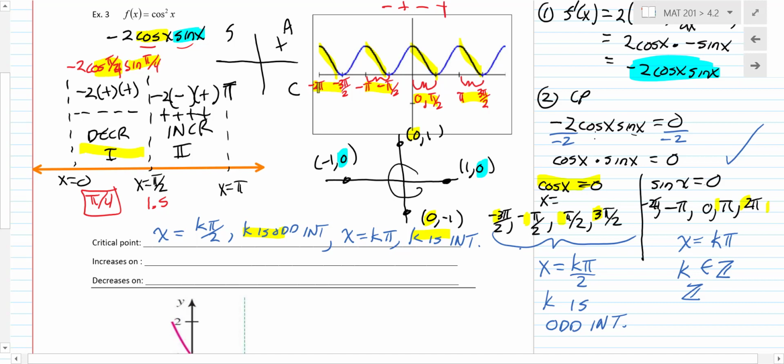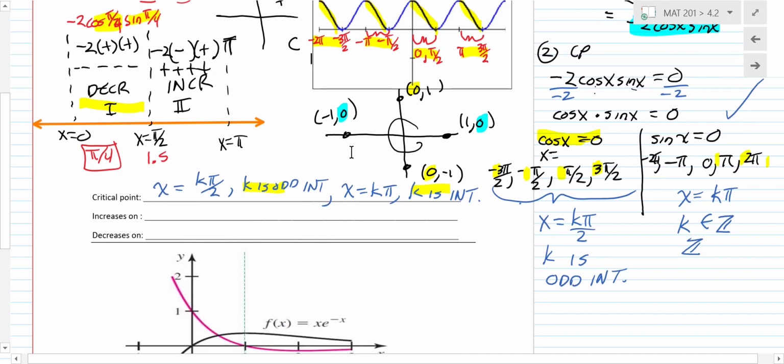Now, we're not going to really write a formula on this. The way I'm going to do it is we're just going to write a pattern and use some dots, dot, dot, dot, to show the pattern. So let's write down some of these. For decreasing, we would have 0 to pi over 2, and then you could do a union or a semicolon. Then we go pi to 3 pi over 2, and then you can just go dot, dot, dot.